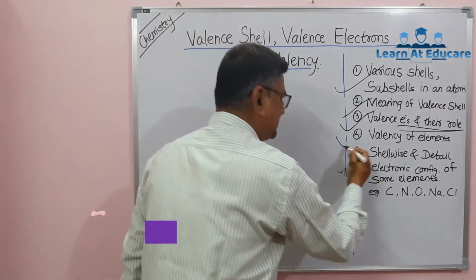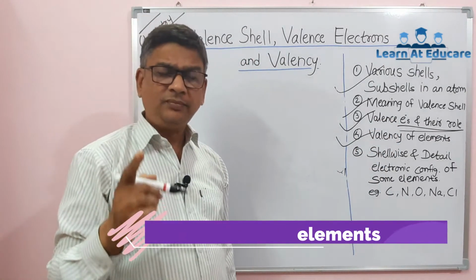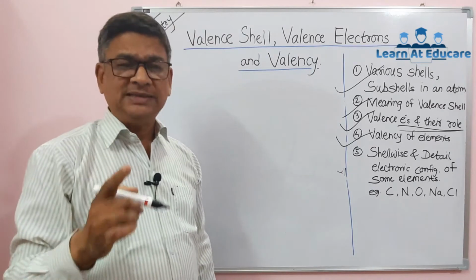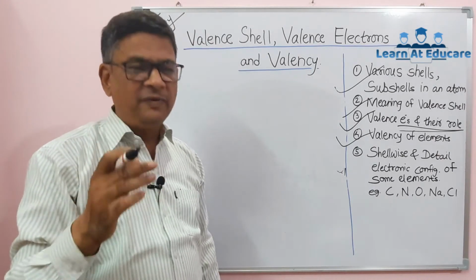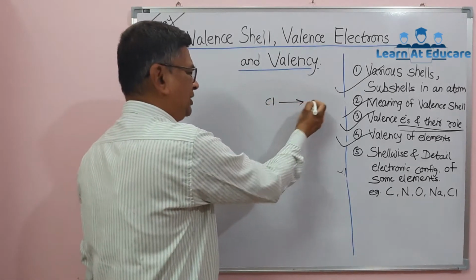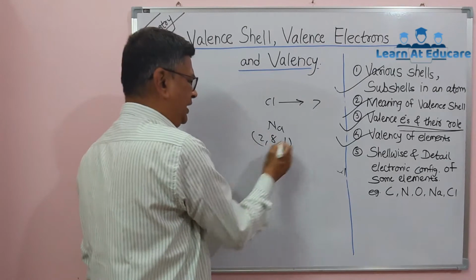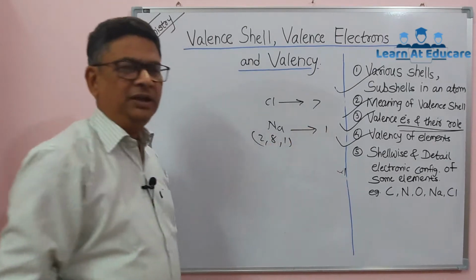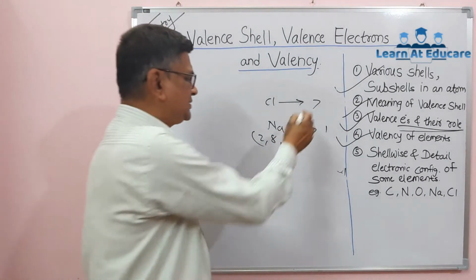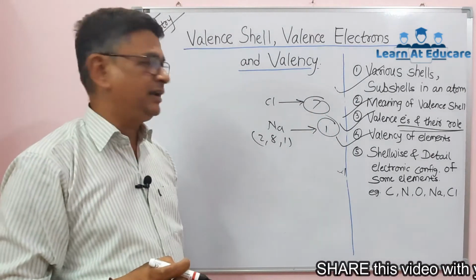Then the valency of an element is decided on the basis of the number of electrons present in the outermost shell, that is, on valence electrons. Like we have seen, chlorine has 7 outermost electrons, and sodium has the configuration 2, 8, 1 and has only 1 valence electron. The number of valence electrons decides the valency of that element.